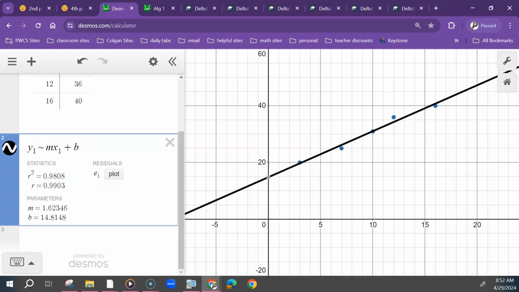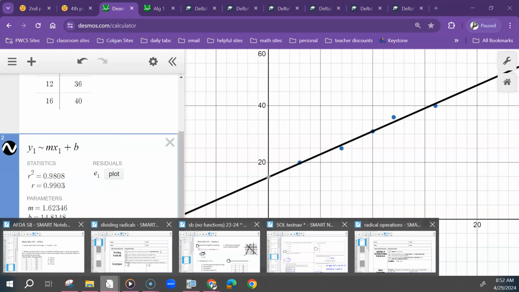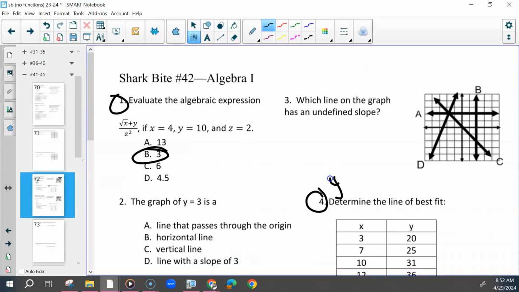So 1.623x, y equals, and then plus 14.815. So make sure you have that line of best fit. Questions there?